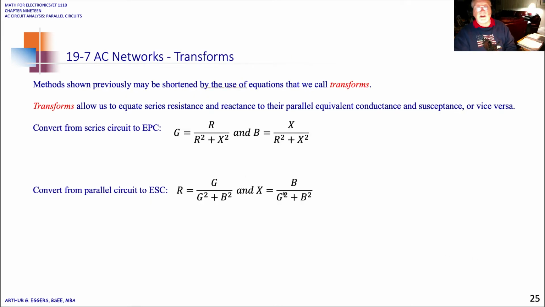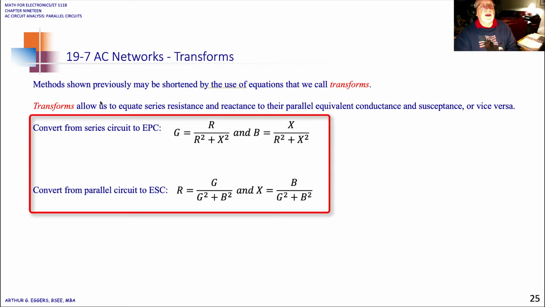Let's go ahead and press on here with transforms, AC network transforms. These are methods shown previously that we might use to shorten the analysis by using something called a transform. Transforms allow us to equate series resistance and reactance to their parallel equivalent conductance and susceptance and vice versa.